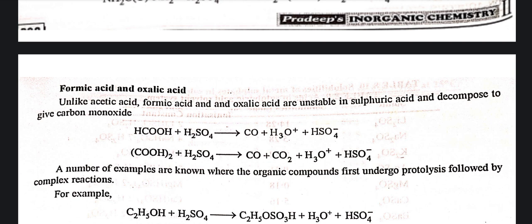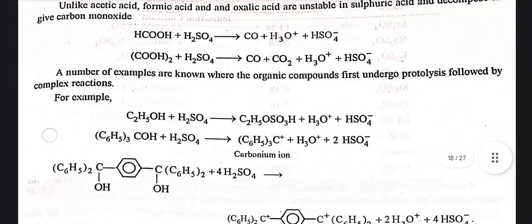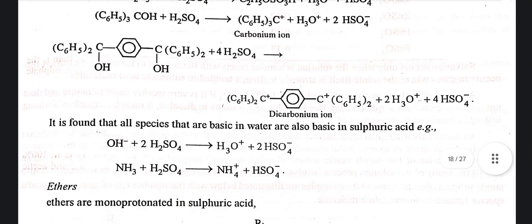A number of examples are known where the organic compound first undergoes protolysis followed by complex reactions. It is found that all species that are basic in nature are also basic in sulfuric acid.